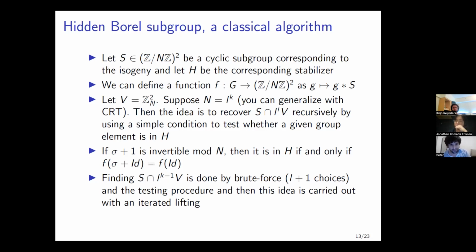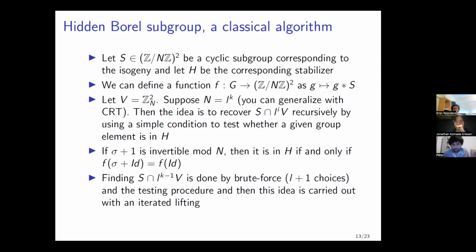And then the idea is, it's easy to see, the first step is that when you want to compute the intersection with L to the k minus 1 times V, you can do it by brute force by looking at, there will be L plus 1 possibilities. Basically, you can really view this in terms of isogenies as well.